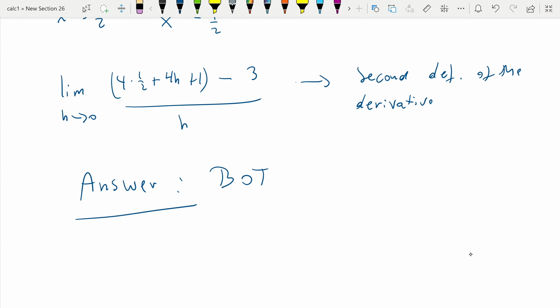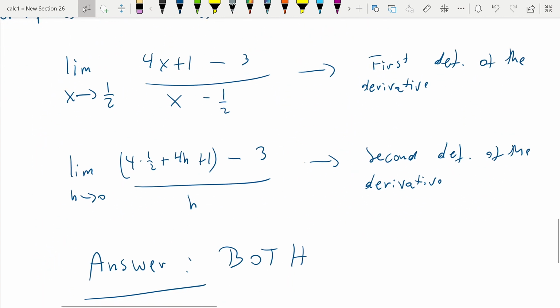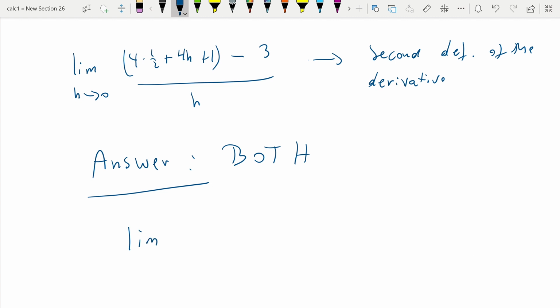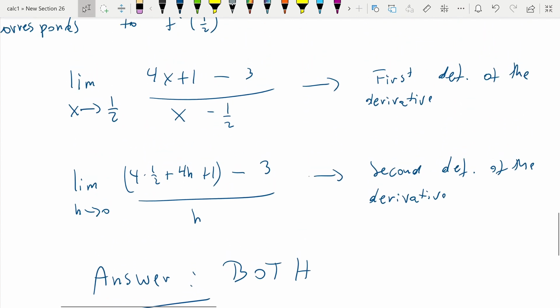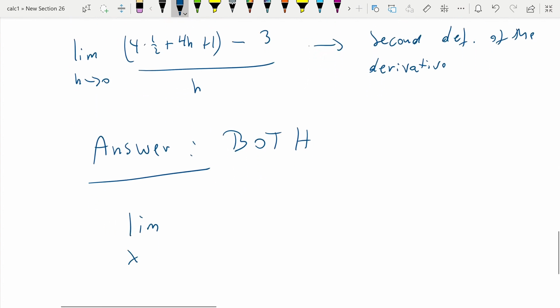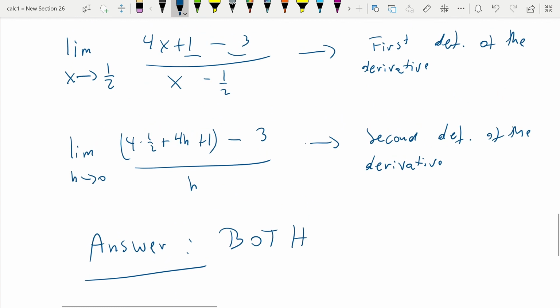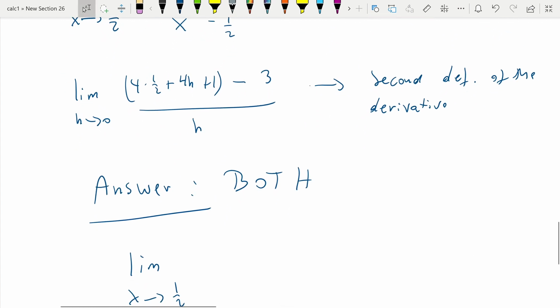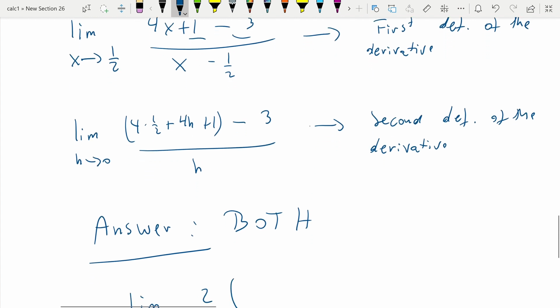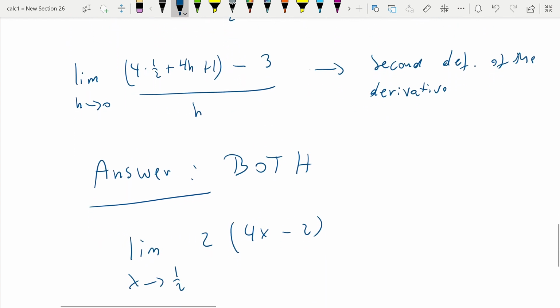And to make matters worse, in fact, I tried to make it more explicit here, but they could have asked you also, you see, because once you write down the definition using the first expression for the derivative or the second one, you notice here that you can simplify 1 and minus 3, maybe you can subtract that and end up with something like the limit when x approaches 1/2 of, say, 2 times 4x minus 2 divided by x minus 1.